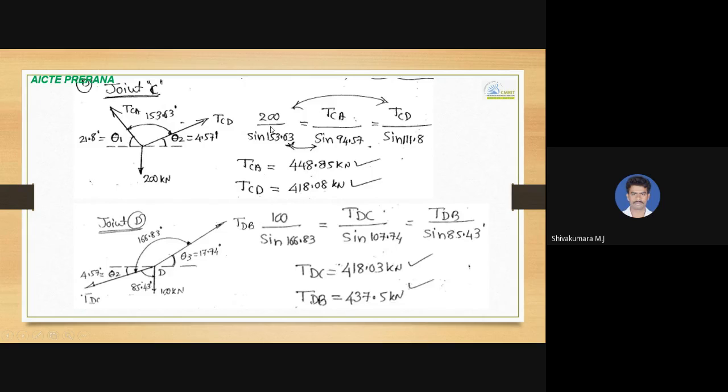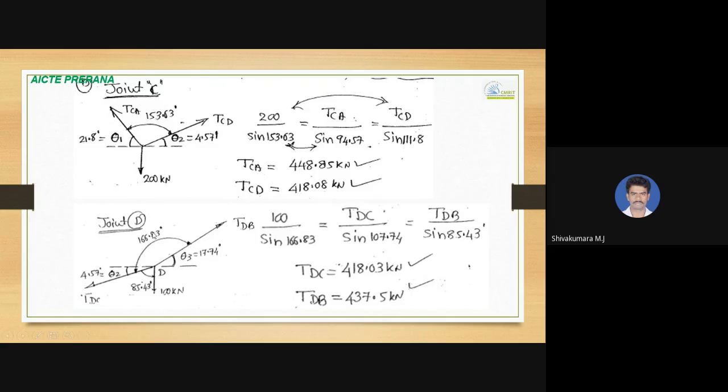At one time you take two components: 200 divided by sine of 153.63 equal to TCA divided by sine of 94.57 degree. You just cross multiply it, you will get TCA value 448.85 kilonewton. And you take this and this components the second time. So cross multiplication of 200 and sine of 111.8 divided by sine of 153.63 will give you 418.08 kilonewton.